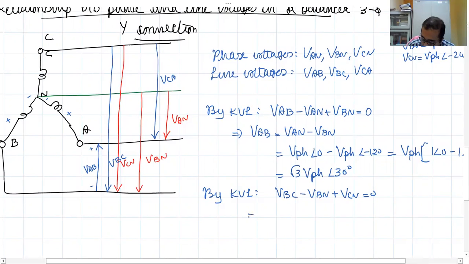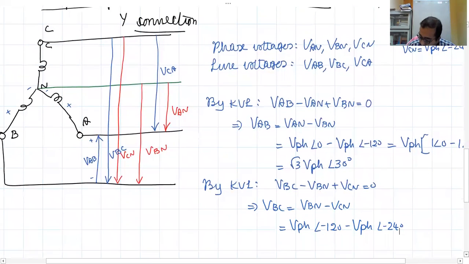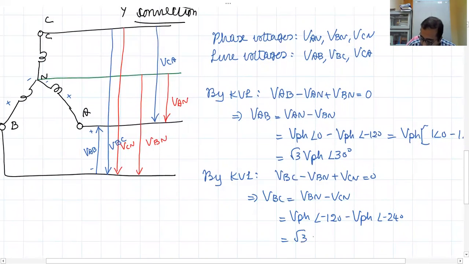What will be your VBC? VBC will be VBN minus VCN. What is VBN? VPH angle minus 120. What is VCN? VPH angle minus 240. If you do this, you will get root 3 times VPH angle minus 90.